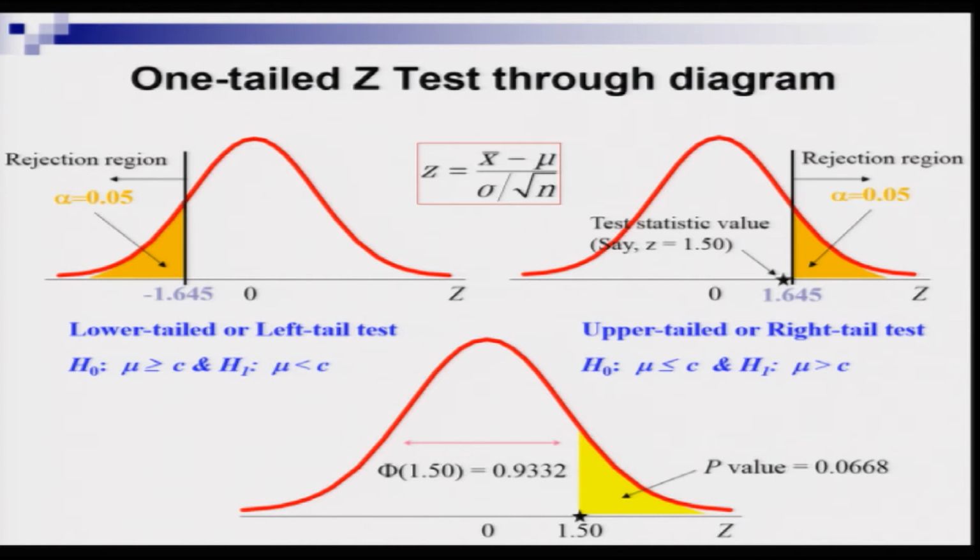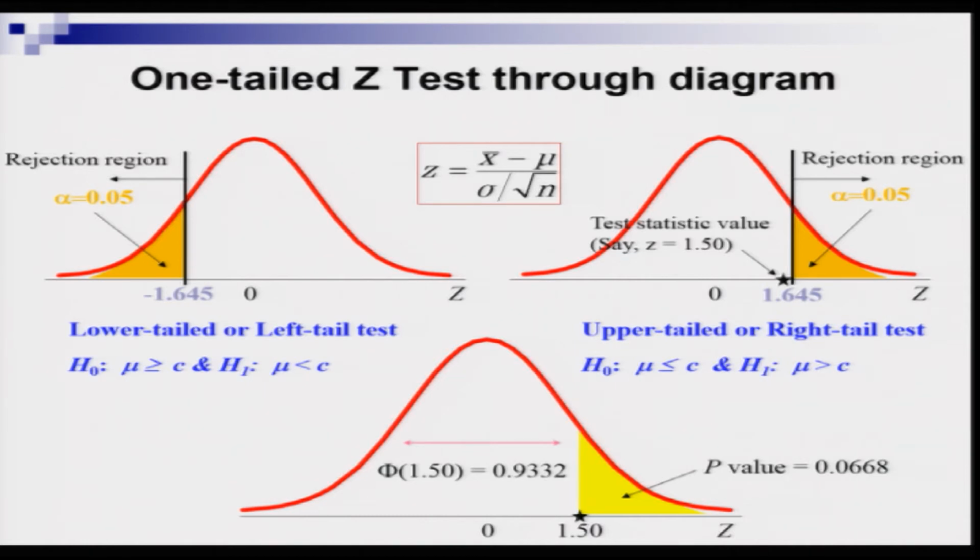Now look at the other side of the story, which is the upper tail or the right tail case. Here, if the test statistic value, the z score, is higher than 1.645, it lies in the rejection region, which is marked in orange color, and then you reject your null hypothesis.